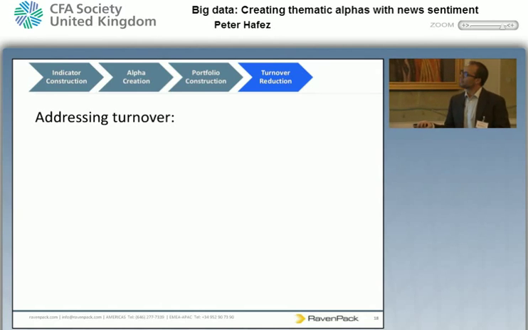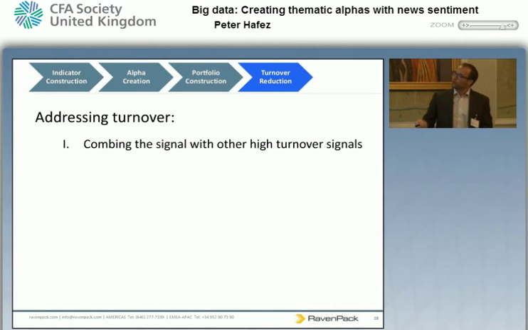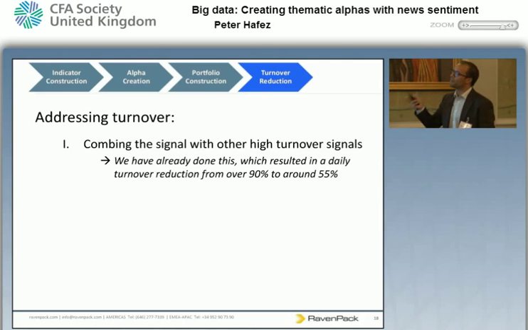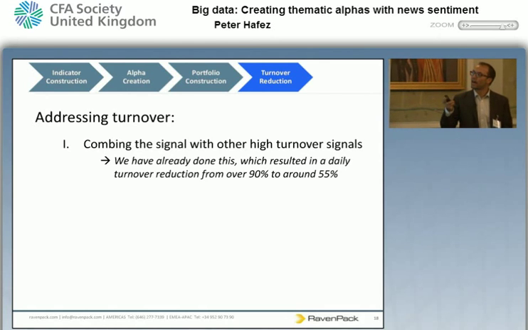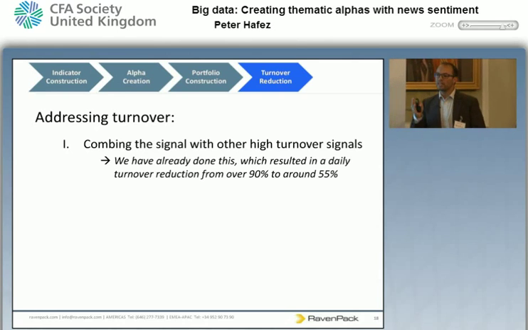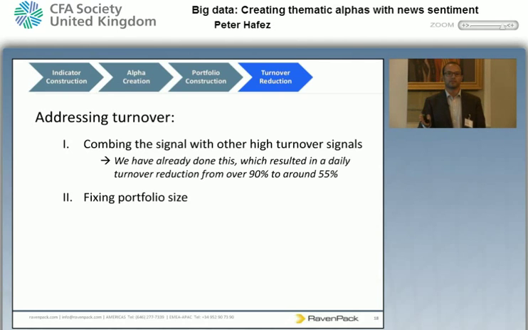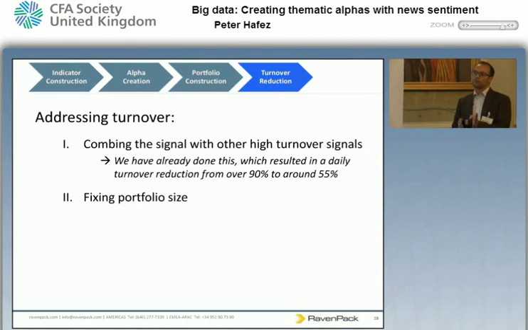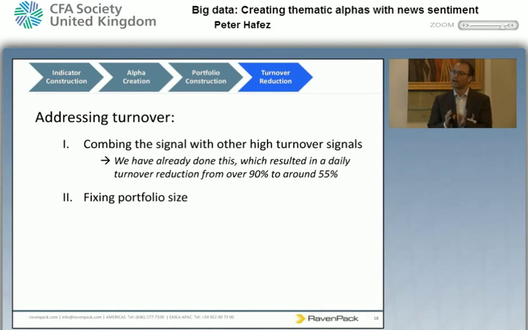If we look at ways of potentially addressing turnover, we look at three different ways. One is to combine signals, combining different alphas that are all high turnover alphas. And that's really what we have done here. We came up with 2,000 different types of alphas that may be, on their own, very high turnover. In fact, per alpha on a daily basis, it's like 90% or 95% turnover.